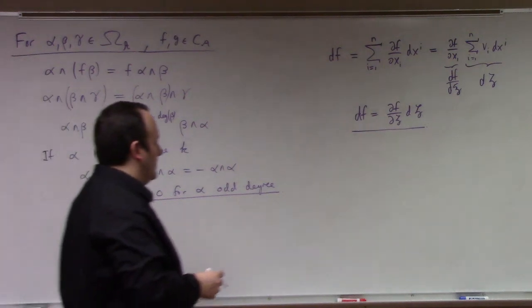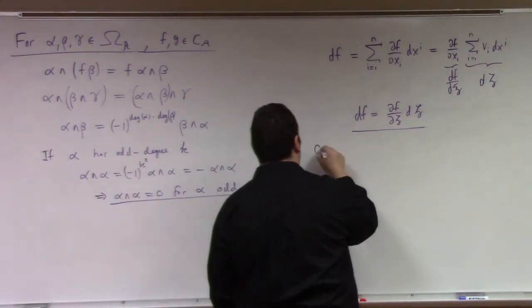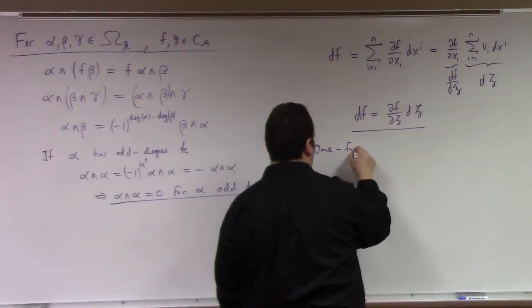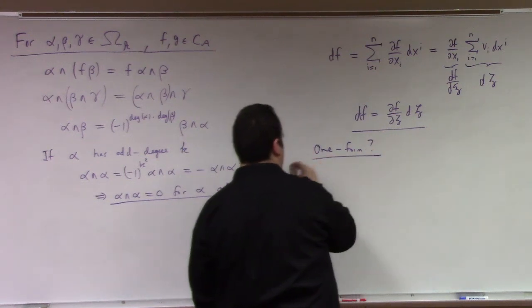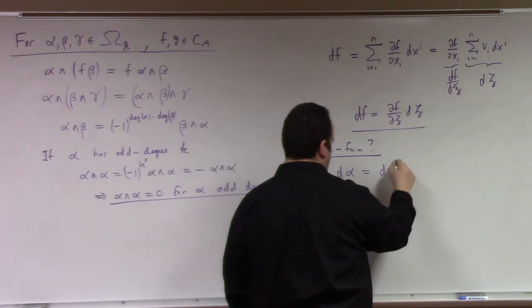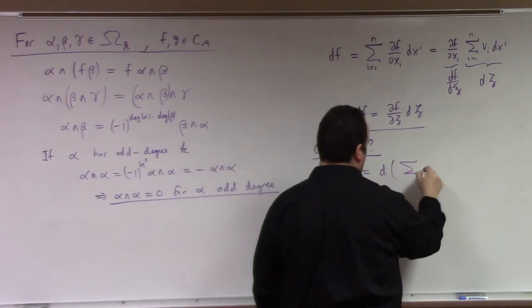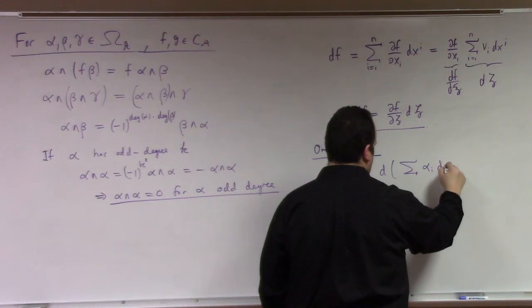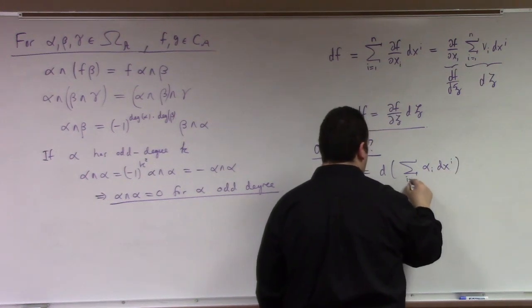So how about a one-form? What happens there? Then we're looking at the differential of alpha, the differential of the sum of alpha_i dx_i, i equals 1 to n.